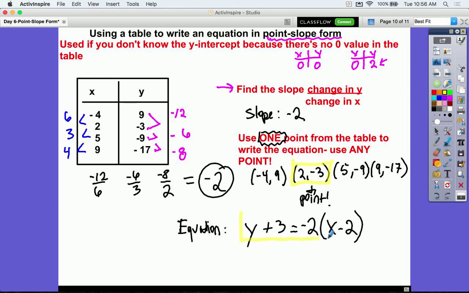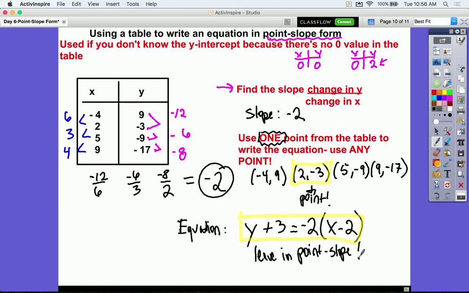That would be my equation for the one point that I chose. Okay? If I chose any of the other points, the equation is going to look a little different. We're not going to transform these, but if we were, the cool thing is that all 4 of these would transform to the same thing in slope-intercept form. But we're not. We're going to leave it, for now, in point slope form.